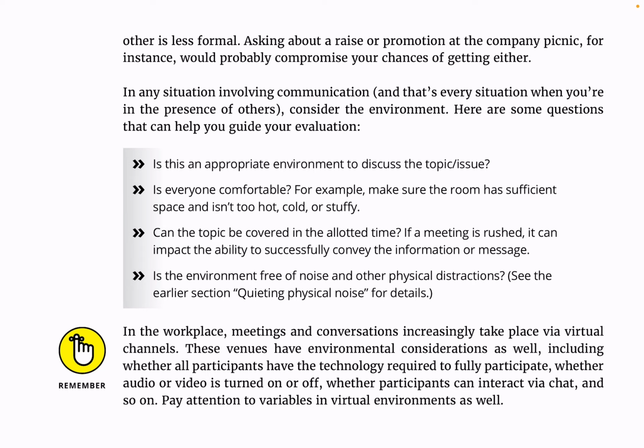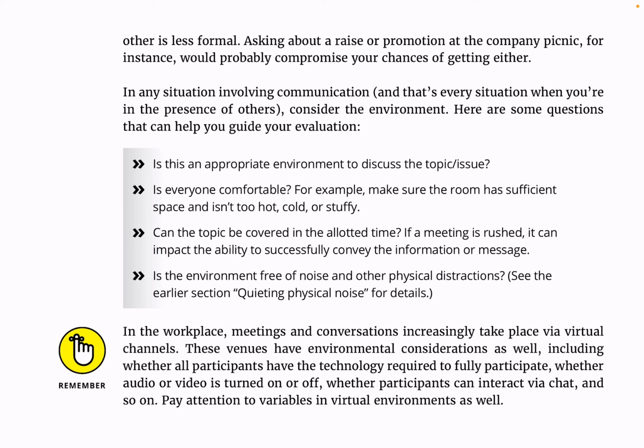For example, make sure the room has sufficient space and isn't too hot, cold, or stuffy. Can the topic be covered in the allotted time? If a meeting is rushed, it can impact the ability to successfully convey the information or message. Is the environment free of noise and other physical distractions? See the earlier session on quieting physical noise for details.